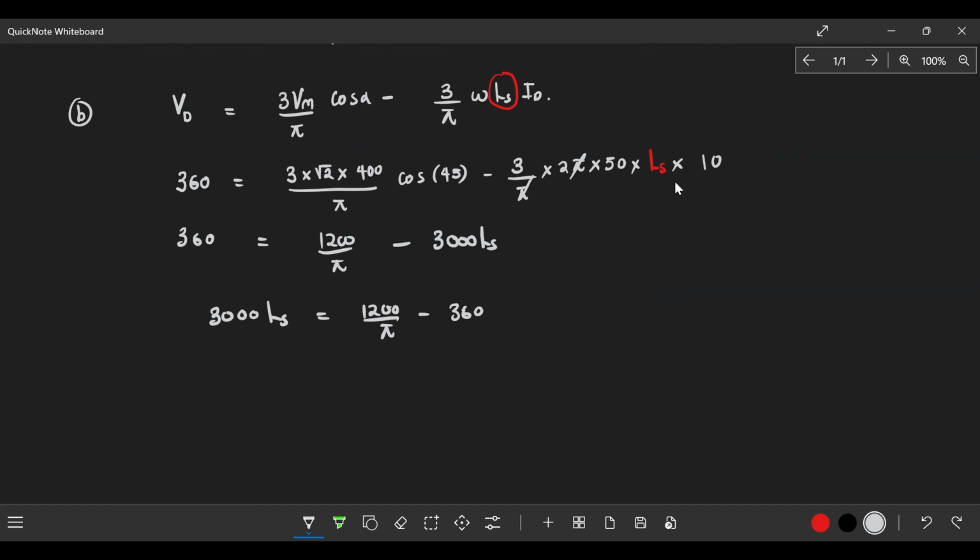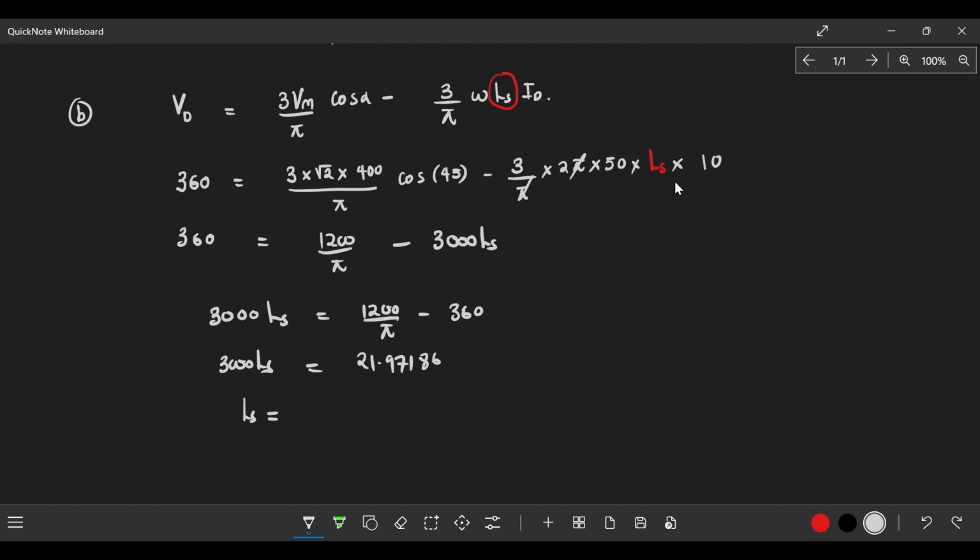So 1,200 over pi minus 360 equals 3,000 LS. This is equal to 21.97186. So you divide by 3,000.